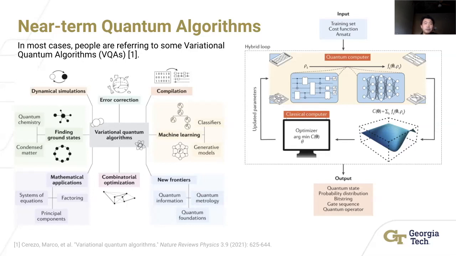And so when people talk about near-term algorithms, they're probably working on variational algorithms. For a variational algorithm, the pipeline is on the right.